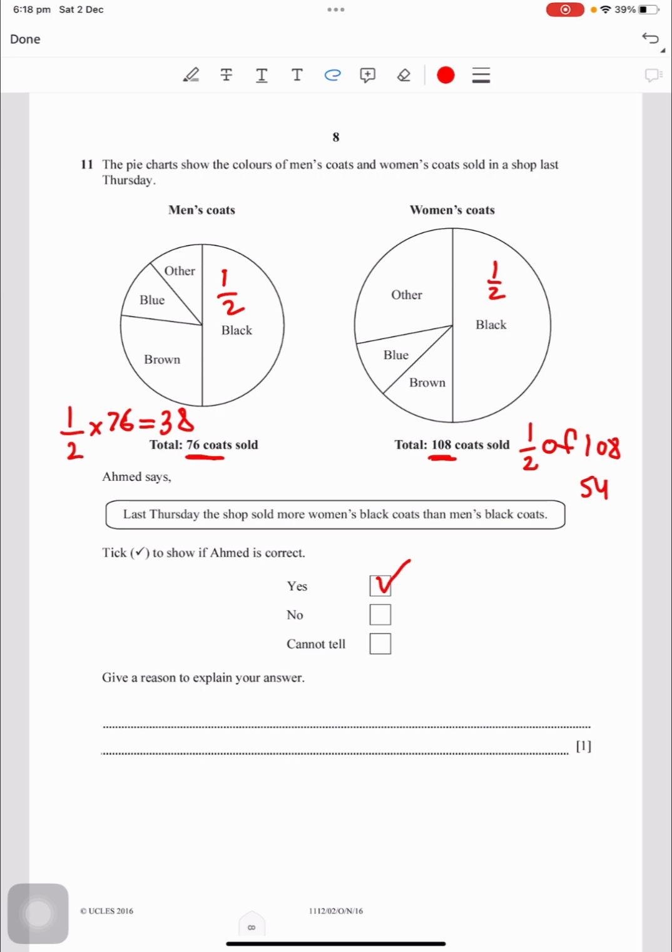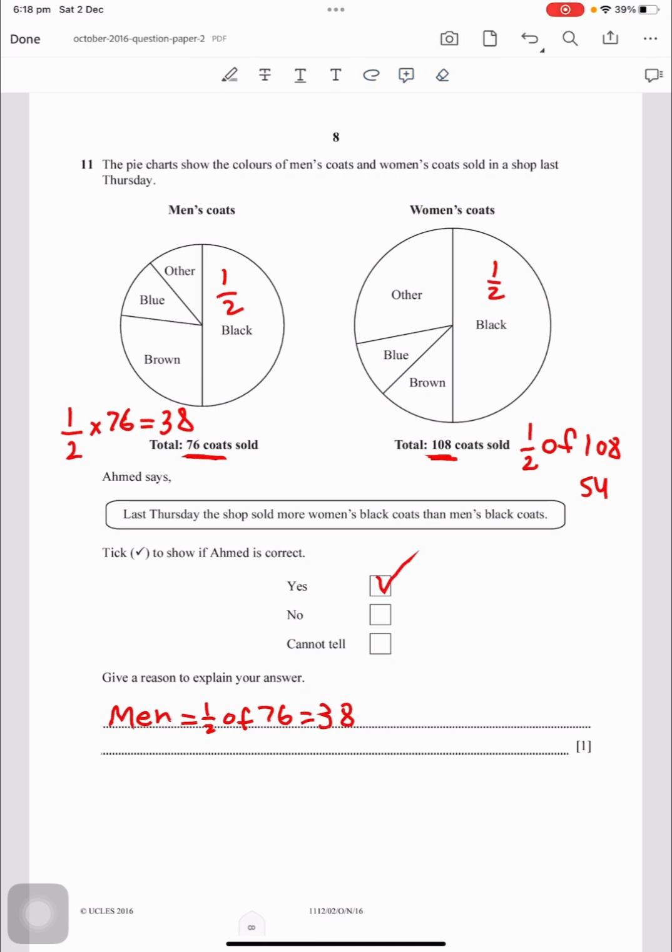So give a reason to explain your answer. So we have to give a reason now. So we can write men is equal to 1 by 2 off 76, which is equal to 38. And women is equal to 1 by 2 off 108.